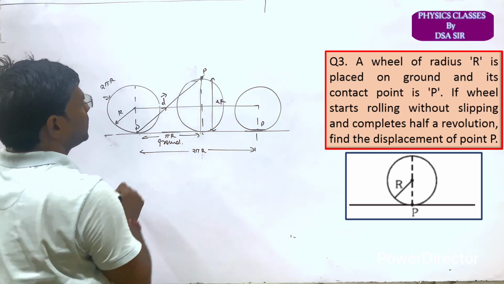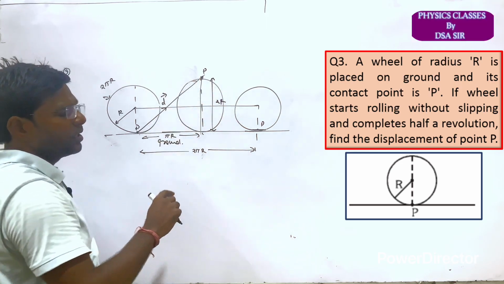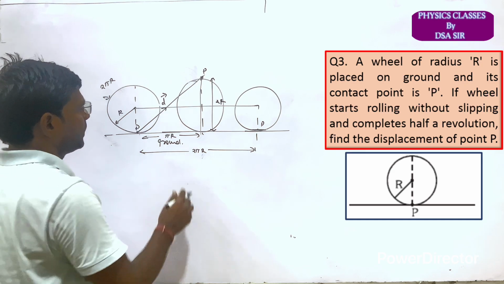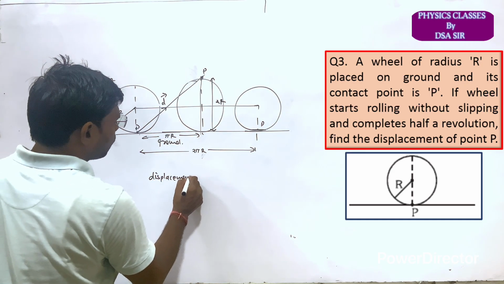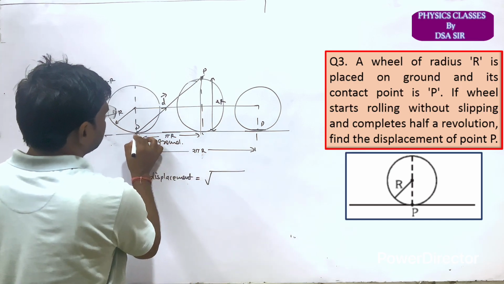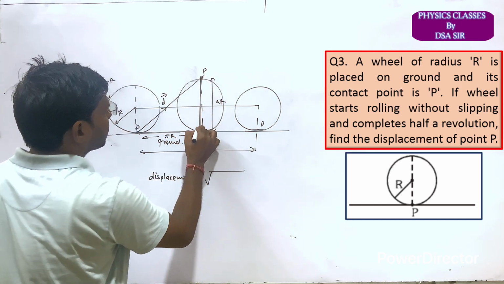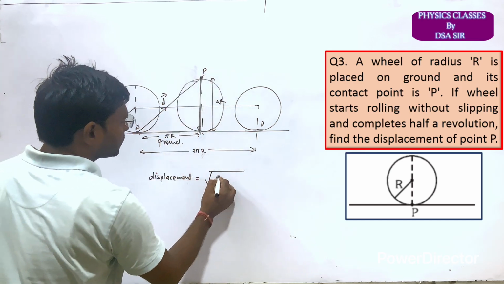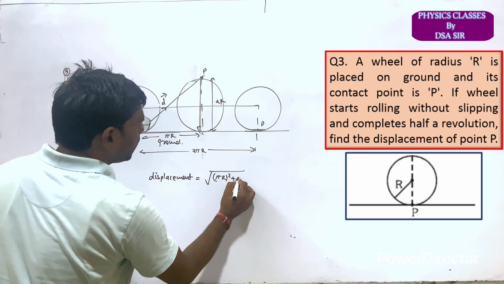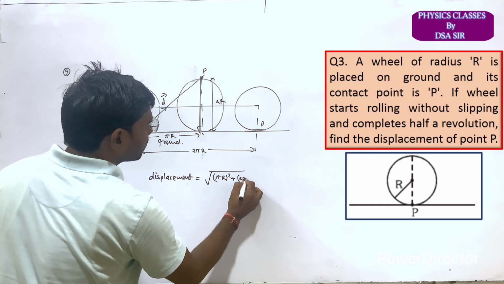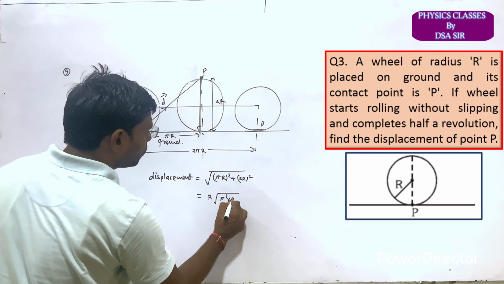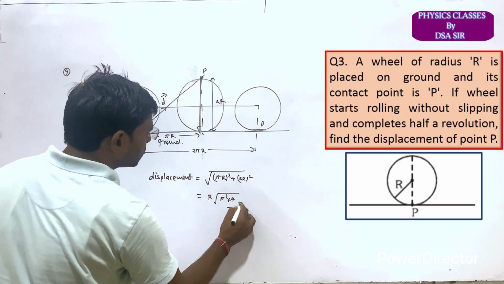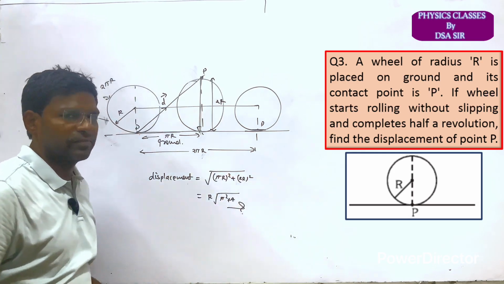So this is the displacement of the particle P in the half revolution of the wheel. So the displacement is equal to root over, this is the base, this is the perpendicular, and the hypotenuse we can find: (pi r) square plus (2r) square. If you take r common inside the square root, you will have this. So this is the displacement and the solution of this question, right?